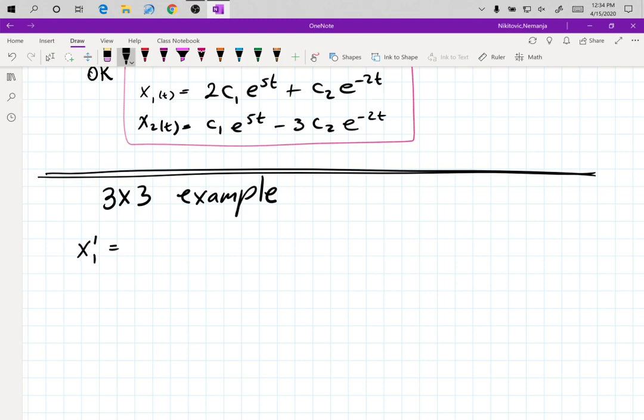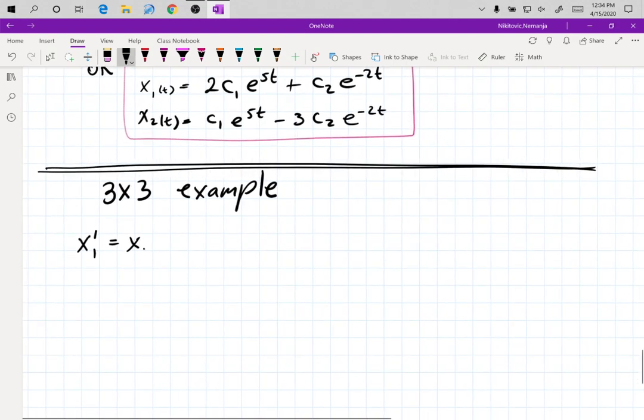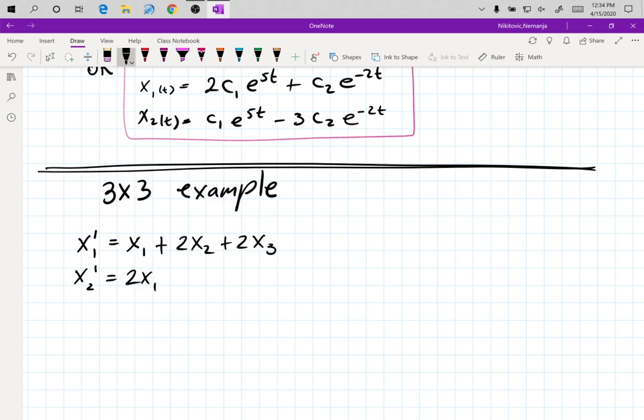x1 prime is x1 plus 2x2 plus 2x3. If I mess up copying any one of these, 2x1 plus 7x2 plus x3, holy nightmare, and x3 prime is 2x1 plus x2 plus 7x3.